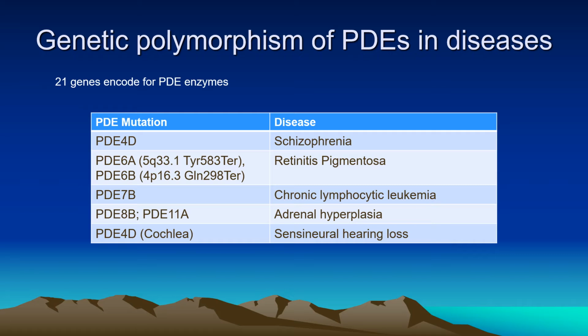PDE8B and PDE11A are found in Cushing syndrome and adrenal hyperplasia, and PDE4D is related with sensorineural hearing loss. So genetic polymorphism or the mutation of the phosphodiesterase enzyme may result in disease, or it correlates with some of the existing diseases.